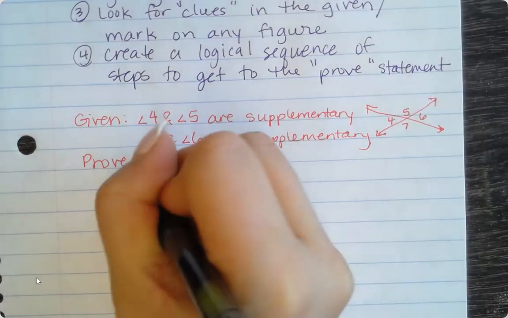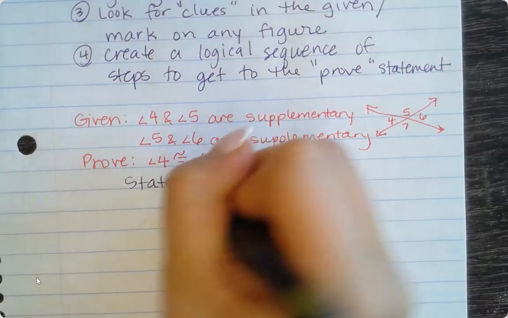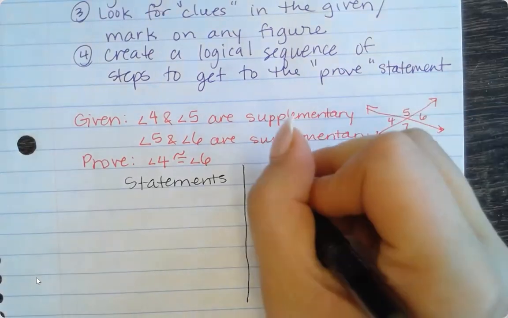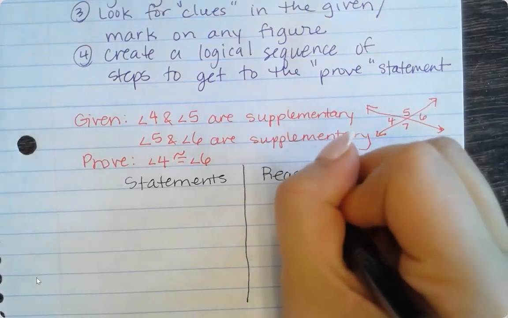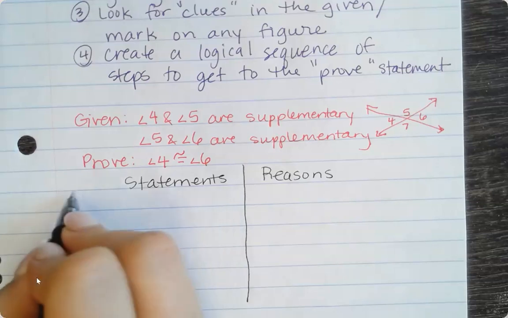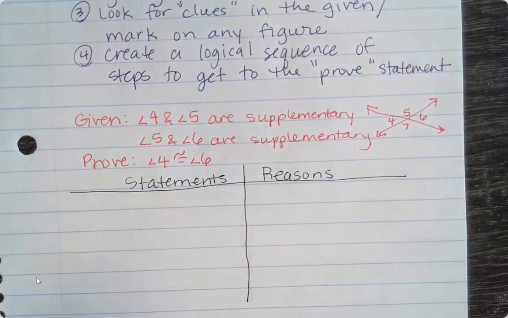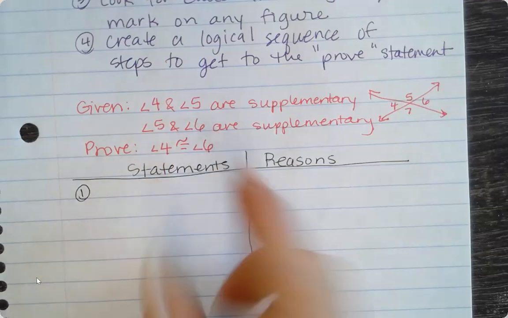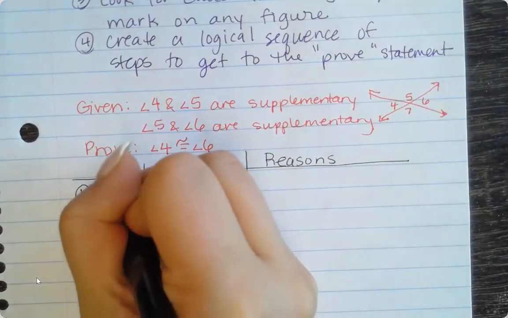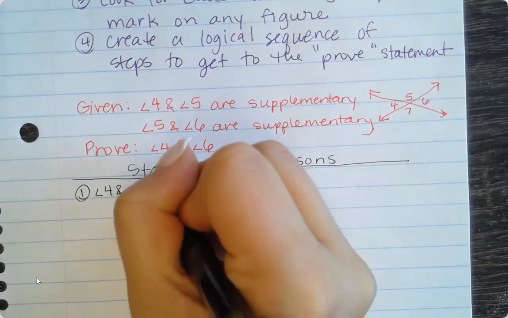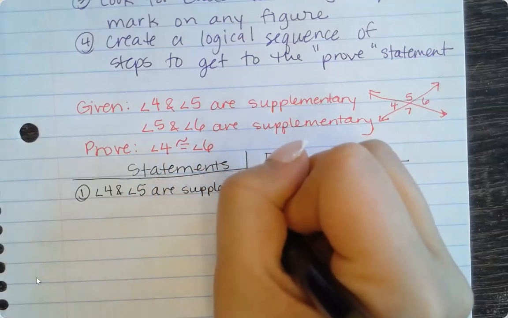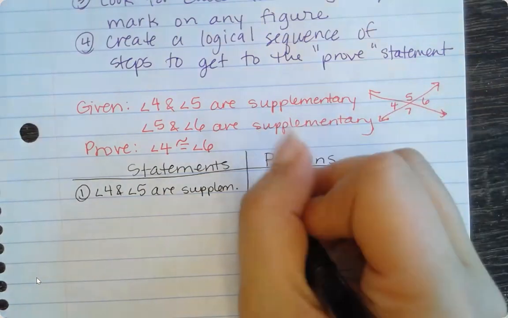So now we're going to make our 2-column template. Alright, so our first statement, I'm going to just copy down my first given. I'm going to abbreviate.